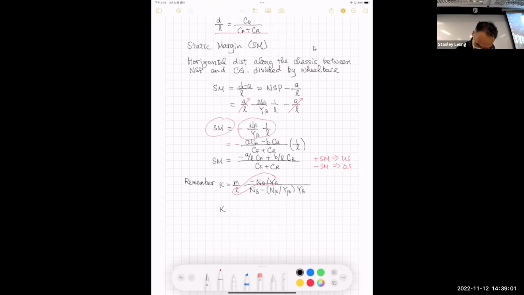Then denote K equal to SM times one over M and delta minus N A over Y. This is the relationship between the stability factor and static margin.